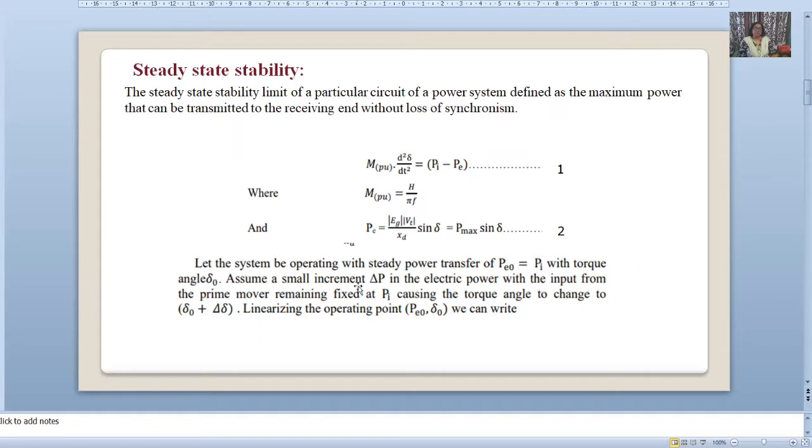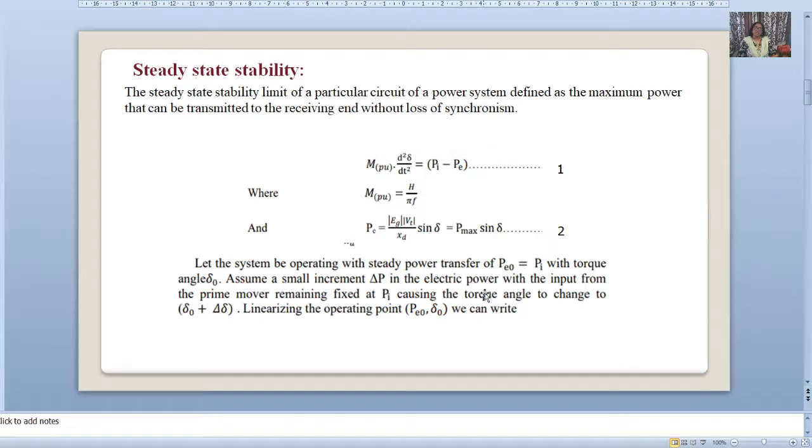Let the system be operating with steady state power transfer of P0 equal to Pi. That means at steady state P0 is equal to Pi, that is, electrical output is equal to mechanical input with torque angle del 0.